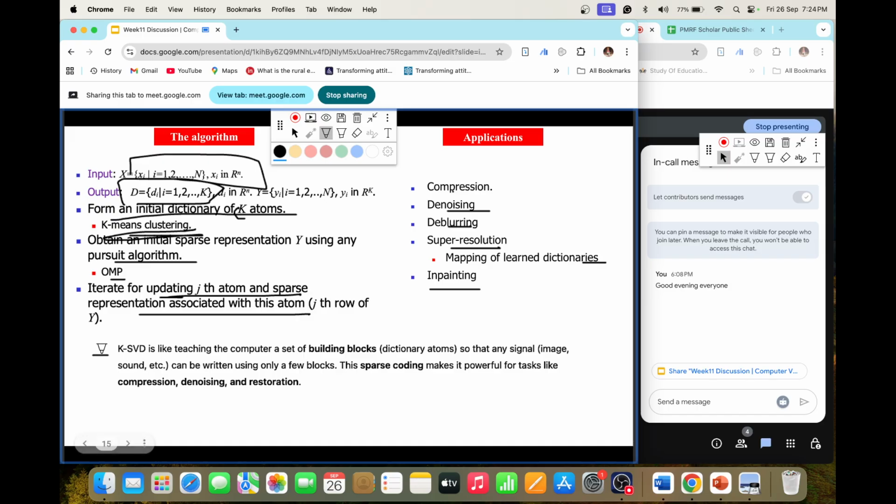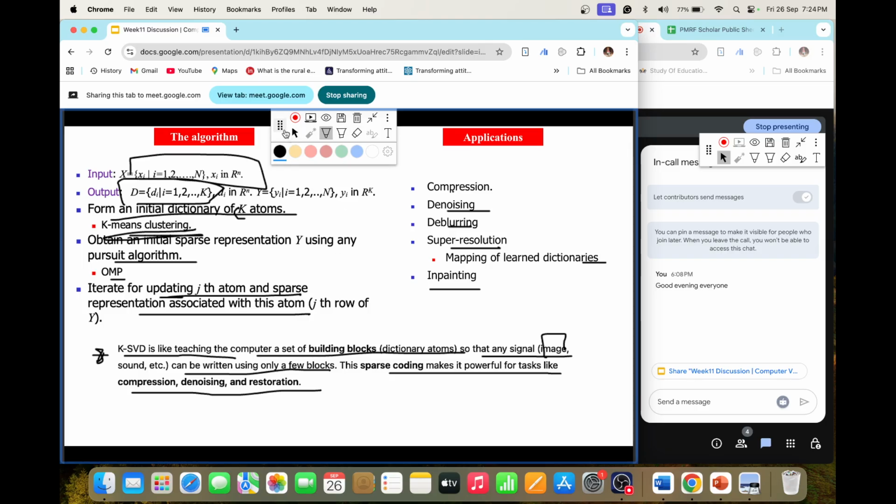You can read this simplified statement: K-SVD is like teaching the computer a set of building blocks, or dictionary atoms, so that any signal, image or sound, we are focusing on images, can be written using a few blocks. Sparse coding makes it powerful for tasks like compressing, denoising, and restoring. So that is regarding the K-SVD algorithm.